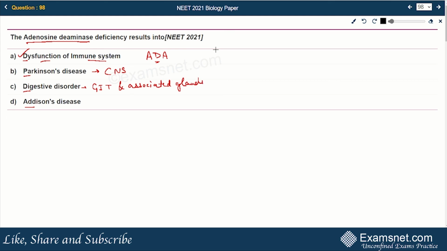The last one is Addison's disease. So what is Addison's disease? It is caused due to the hyposecretion, that is the secretion in lower amount, of the hormones of adrenal cortex.